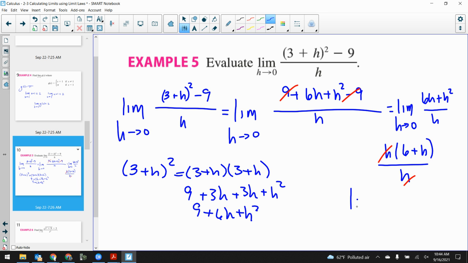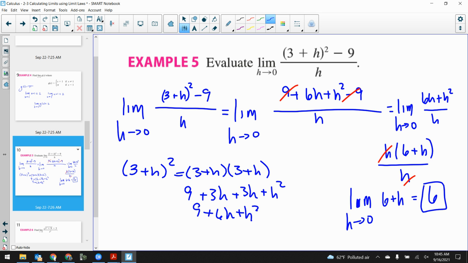So we have the limit as h goes to 0 of 6 plus h. Now what is that limit? 6. So another case where we could reduce it down somehow. We just messed with it algebraically, basically, to see how it would reduce down.